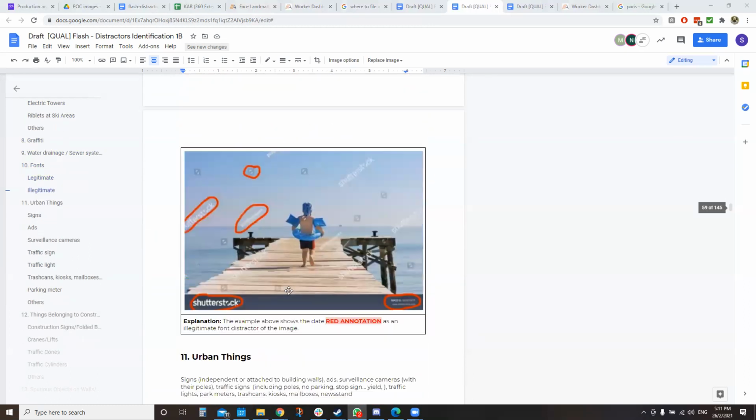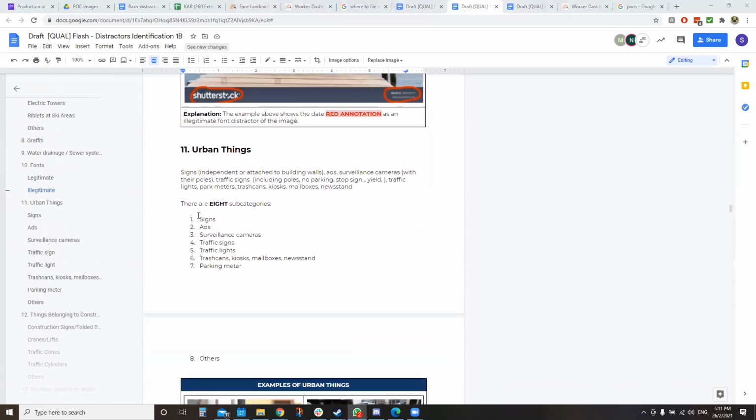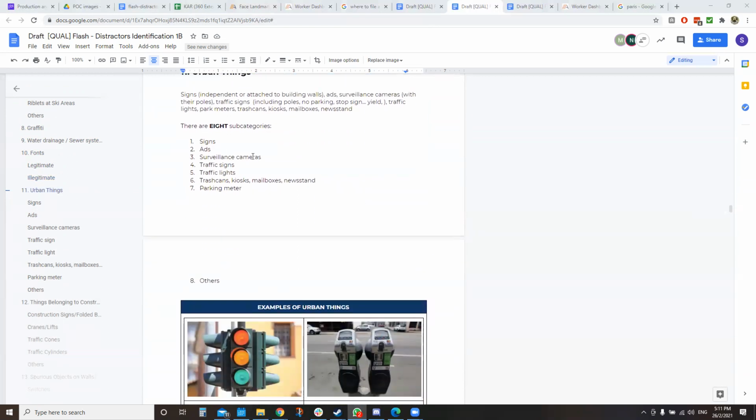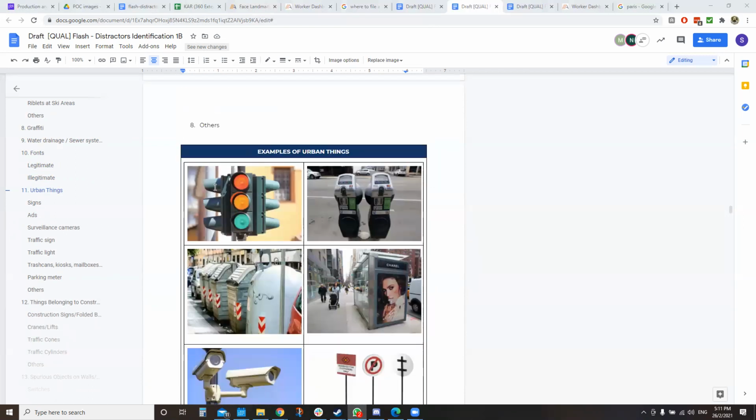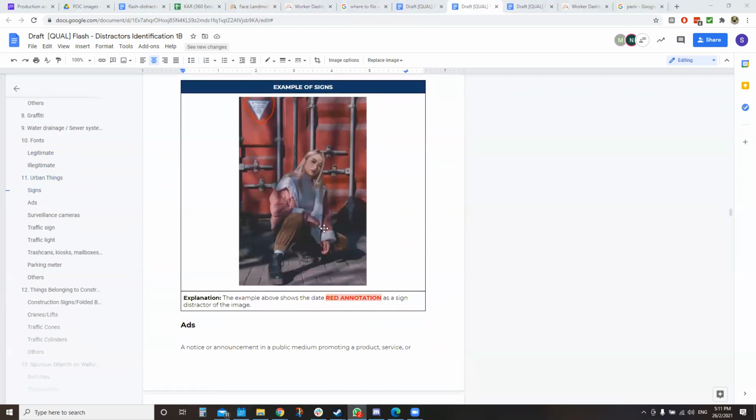Illegitimate is basically this kind of copyright. And then urban things: signage, advertisement, surveillance camera, traffic signs, traffic lights, trash can, mailbox, newsstand, parking meter, all these things can fall under urban things.